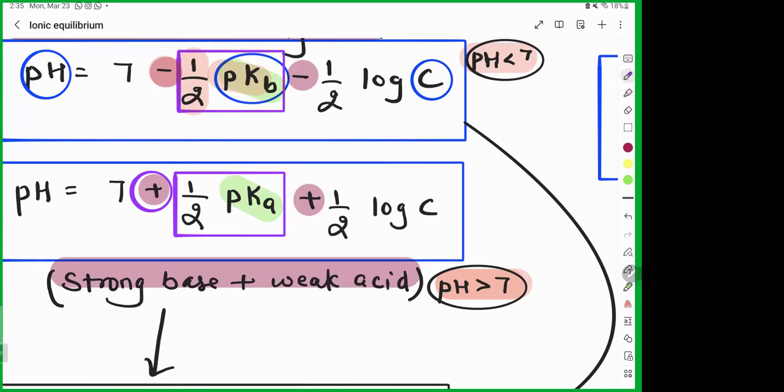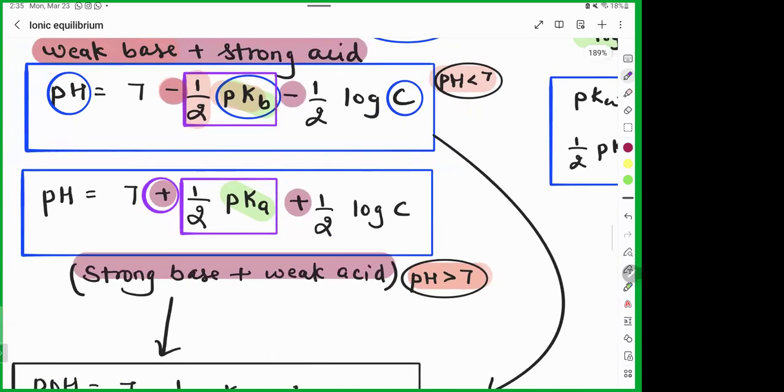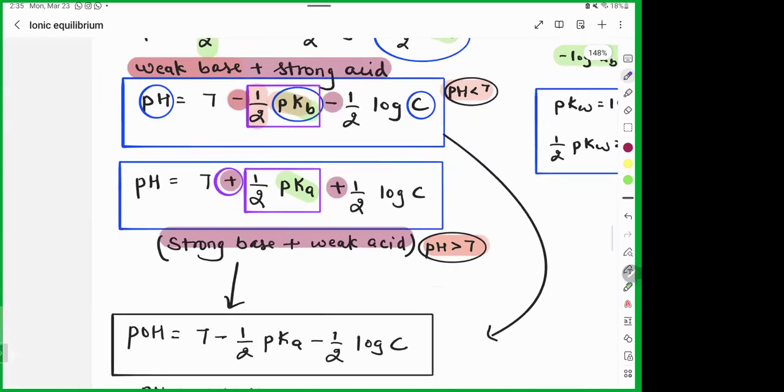Everything is positive in case of base because pH is more than 7. Everything is negative in case of acid because overall pH is less than 7. Any doubt, guys?